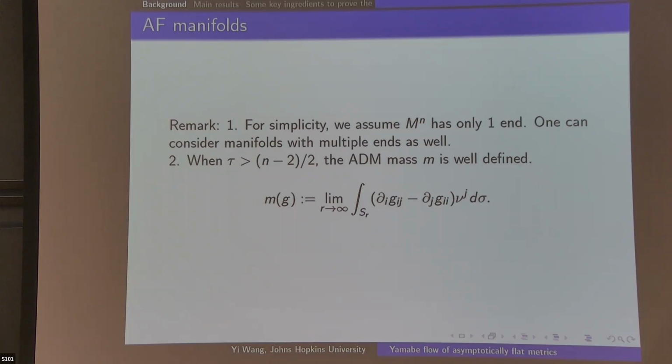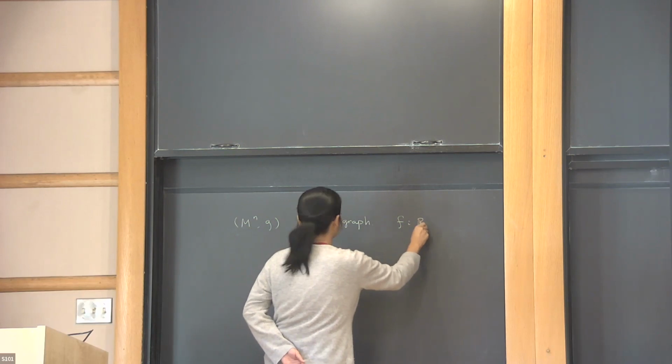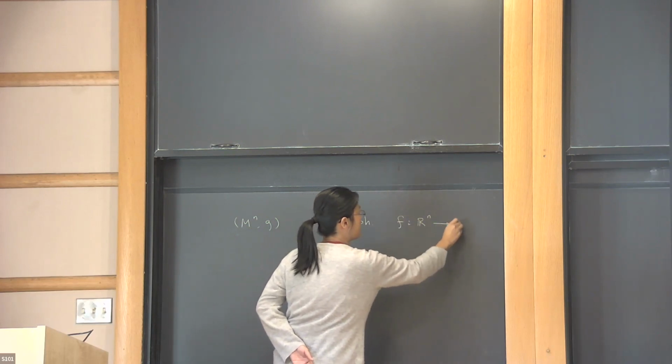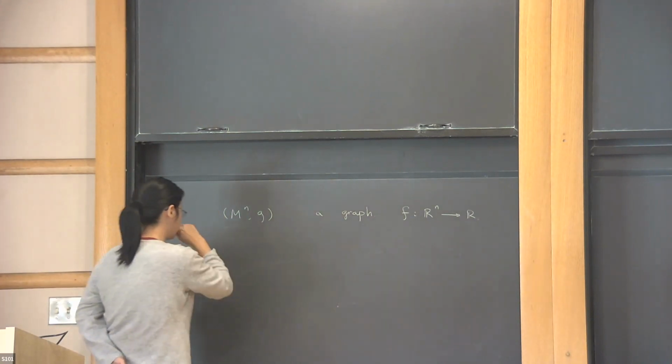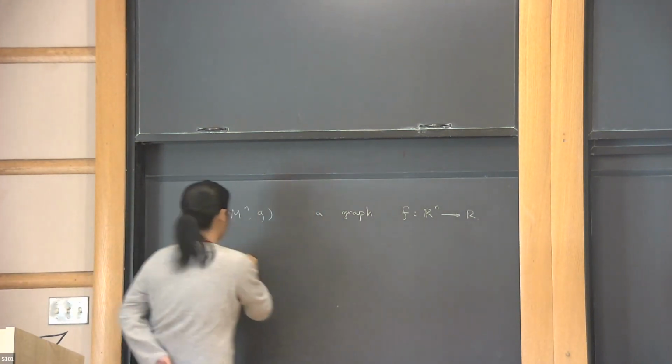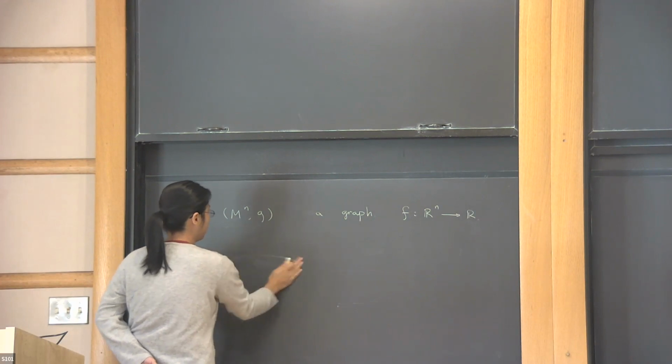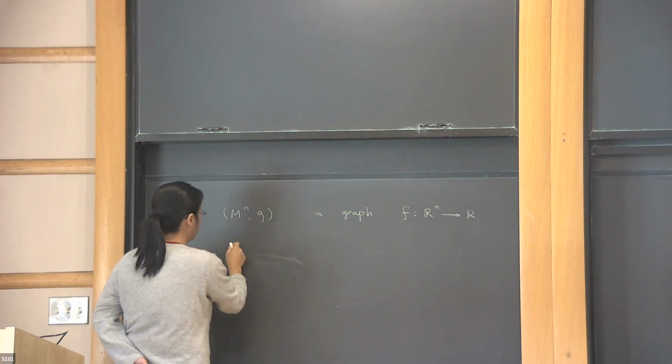I think there is a very special case that I like very much for this M(g). If the manifold is actually a graph, assume in addition that it is a graph given by some f from, let's say, R^n to R, and you embed this. In general, it's not necessarily a graph, but assume that it's a graph.